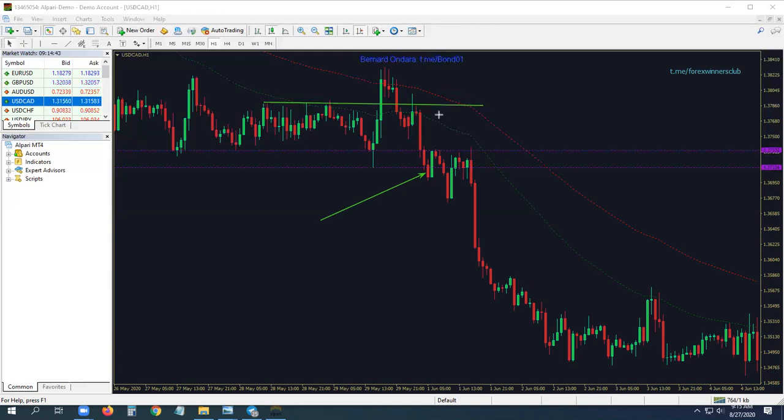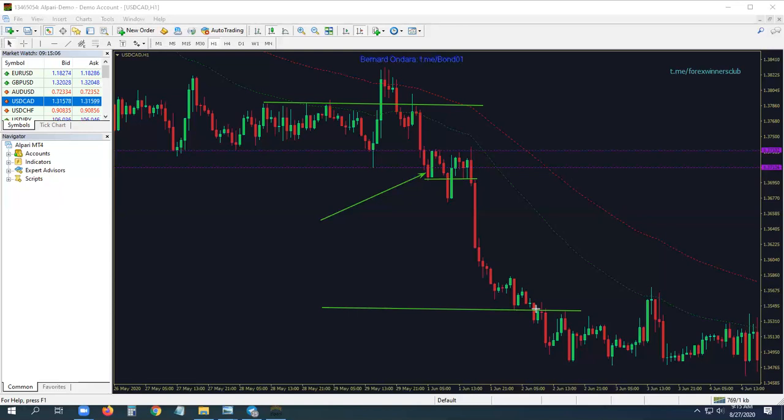This was resistance, so that becomes your stop loss. You can multiply the distance by 1.5 to become your take profit. The distance from here to the candle, then that would be somewhere here. If you're entering from here, I believe this is 1.5 times this one, roughly. And you were able to make it.